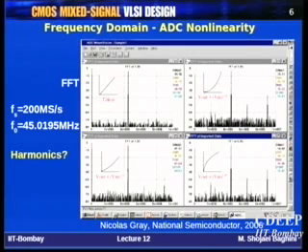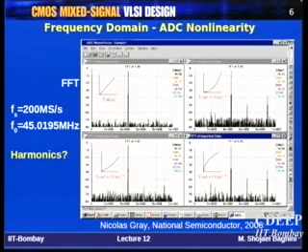Because some of these things may create problems, and similar concepts exist in mixers also. There you care a lot, because these harmonics which are generated may create intermodulation distortion. They create image frequencies. But here what is important is at what particular frequency you get this distortion. Suppose it is very high, and suppose your signal has some component at that particular frequency, then it will get distorted a lot.